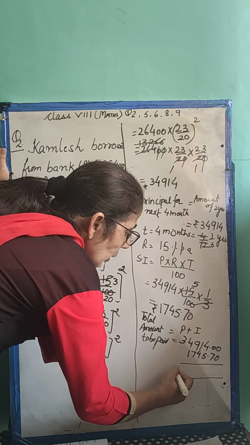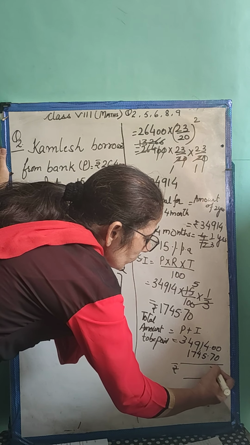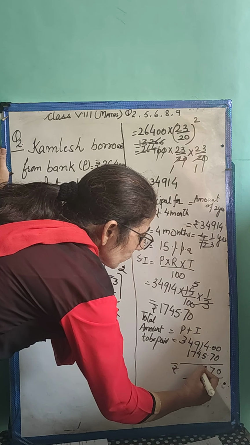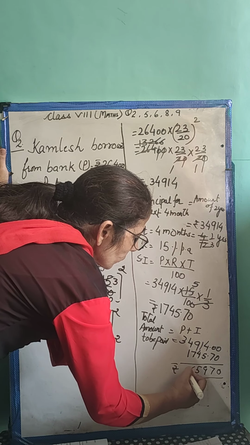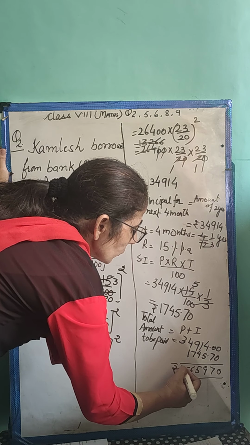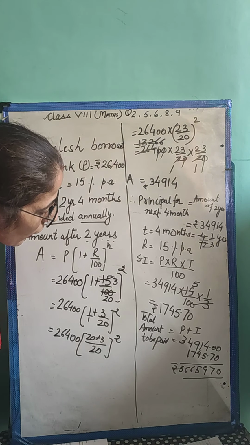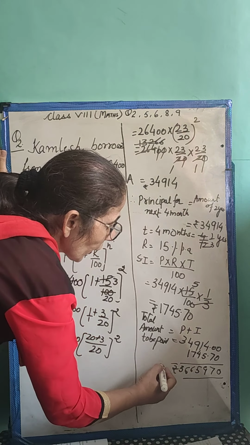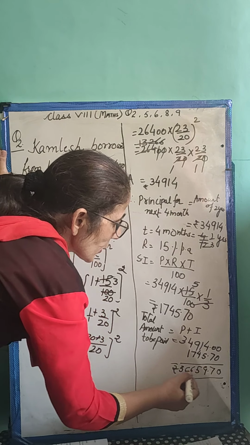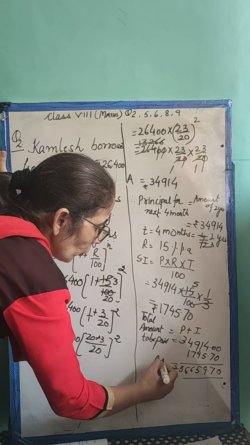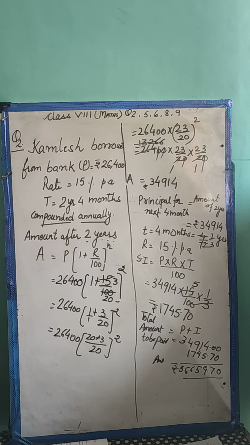Add these two, and the answer will be 36,659.70. I hope you have understood this question. So you can complete this question.